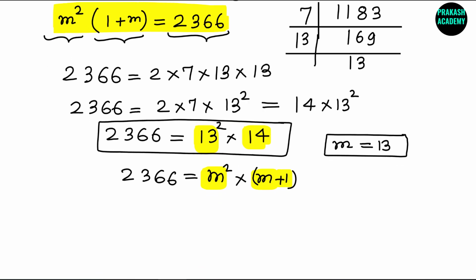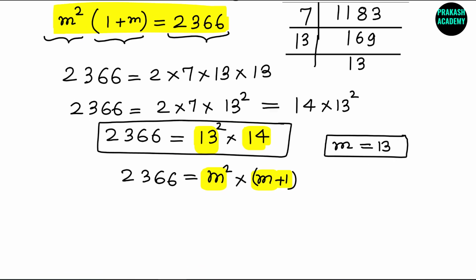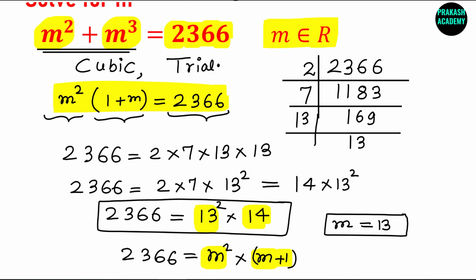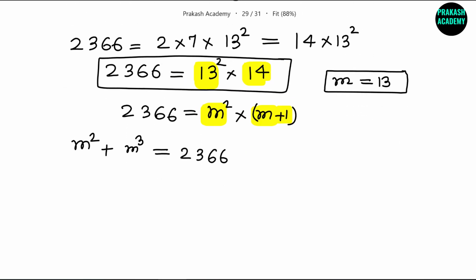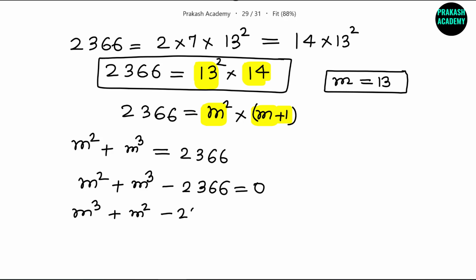So in other words, the initial equation we have, m square plus m cube equals 2366, if I take 2366 to the left side, I will have m square plus m cube minus 2366 equals 0, or we can write m cube plus m square minus 2366 equals 0.